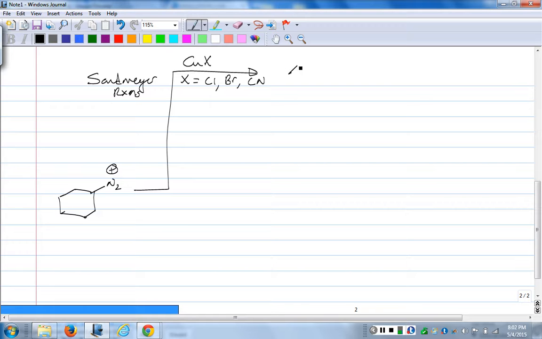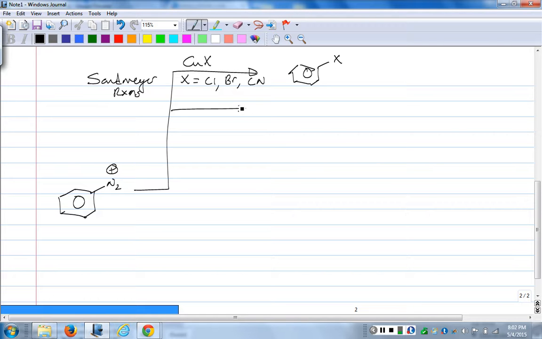And what you get is the corresponding substituted product. So you can get chlorobenzene, bromobenzene, or cyanobenzene, by replacing, it's a replacement reaction, replacing the N2 plus by the species.